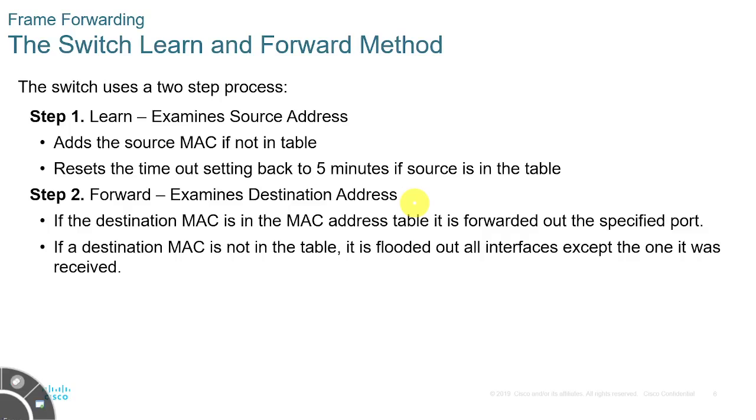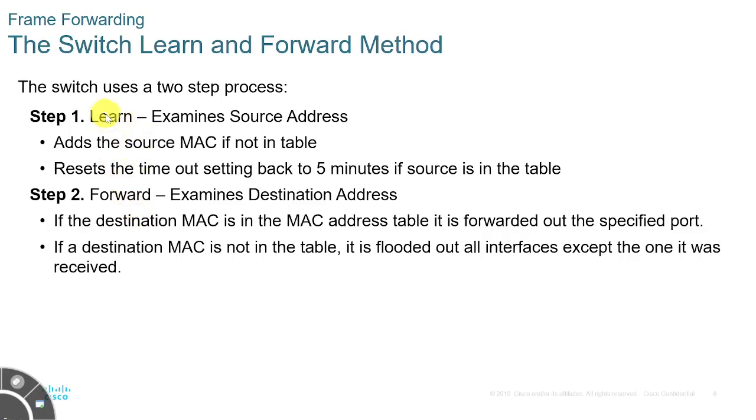How does the switch learn and forward frames? Basically, the switch uses two consecutive steps that help it take decisions on how to forward these frames. The first step is learn, and the second is forward.